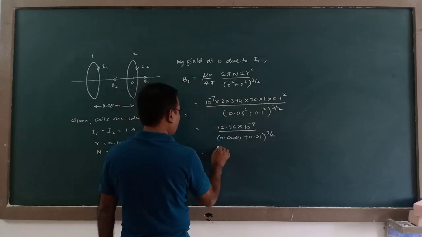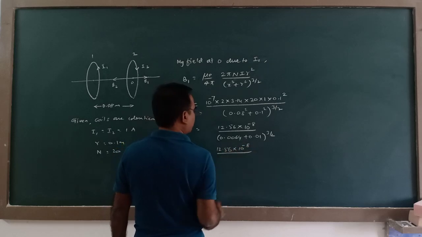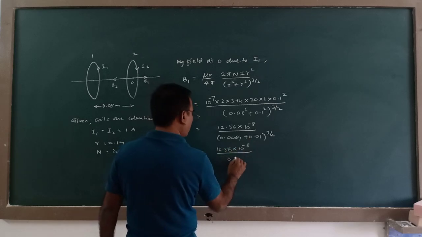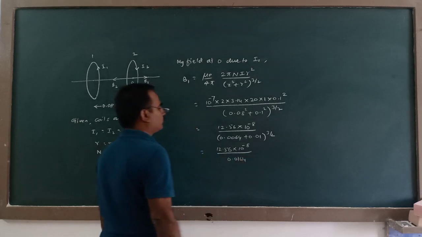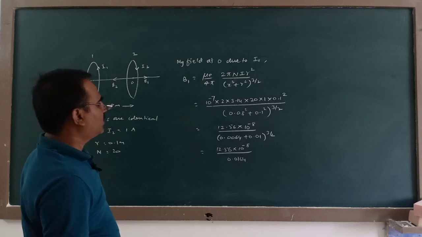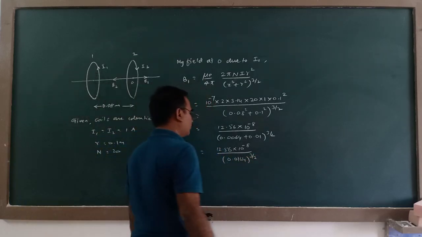So this will be 12.56 into 10 to the power of minus 8. If you add these two things, you will get 0.0164, 0.0164 whole to the power of 3 by 2.